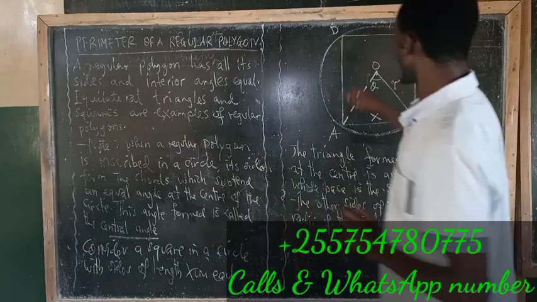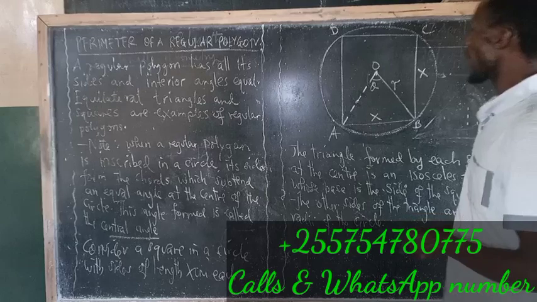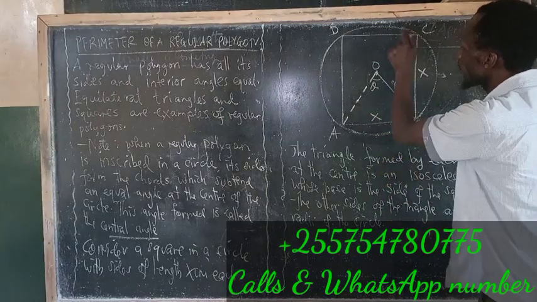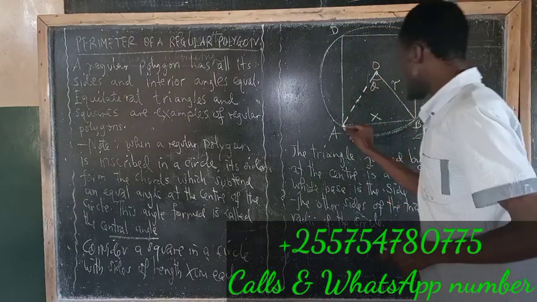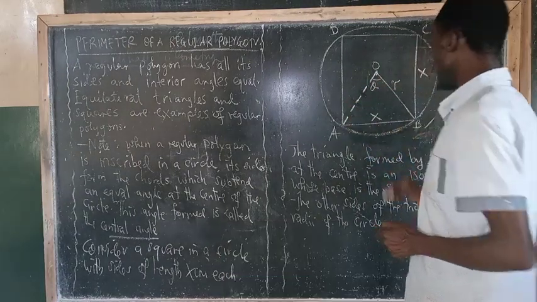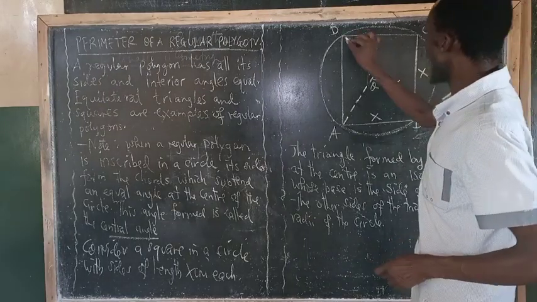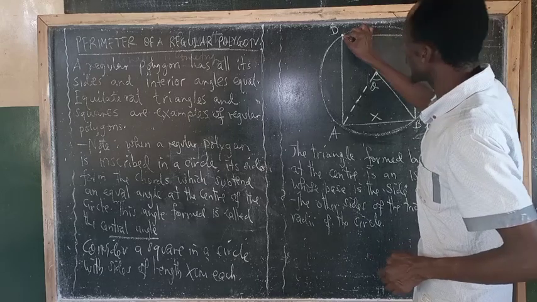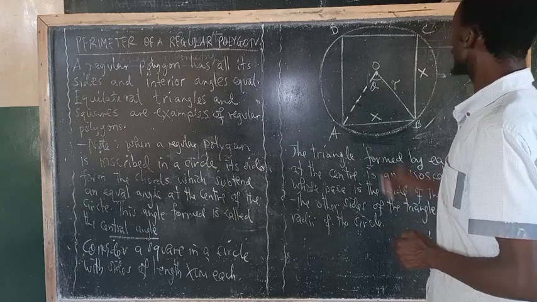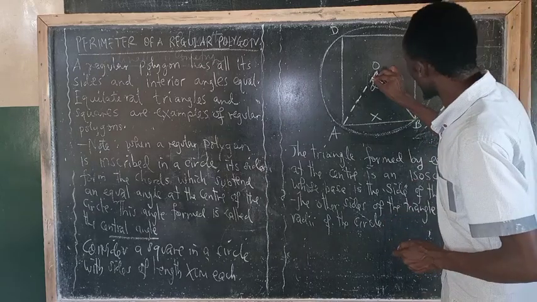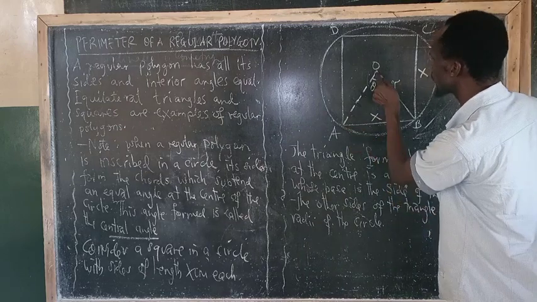Take a square that is inscribed in a circle. Each side of the square acts as a chord. Remember we learned about a chord. It will produce an angle, the central angle, when it is subtended to the center.